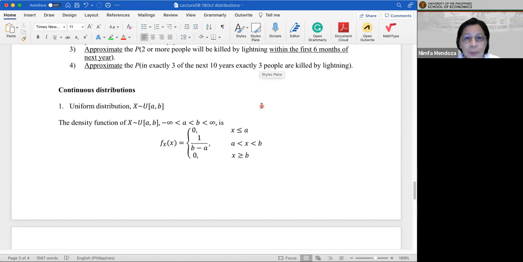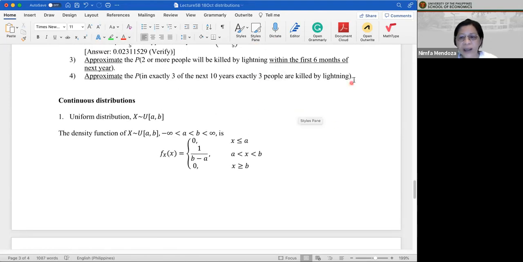Okay, so our common example, which we used often before, was the uniform distribution over the interval 0, 1. X has a uniform distribution over the interval 0, 1, and this would be 1.